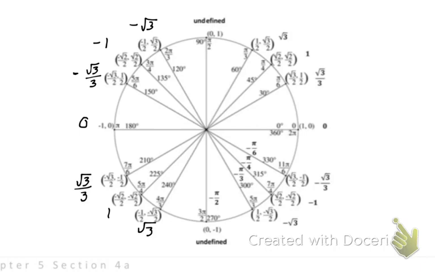Who thinks it's undefined? Who thinks it equals 0? Let's wait till everyone at least takes a guess. All right, who thinks it is undefined? Who thinks it is not undefined?